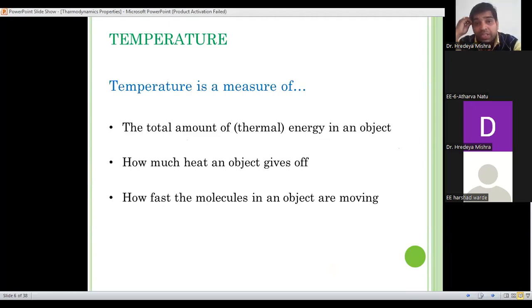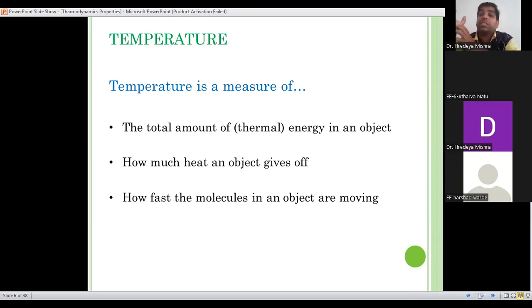So how can we measure temperature and why do we measure it? It tells the total amount of thermal energy in an object, so we can measure the thermal energy available in a body, and how much heat an object gives up.